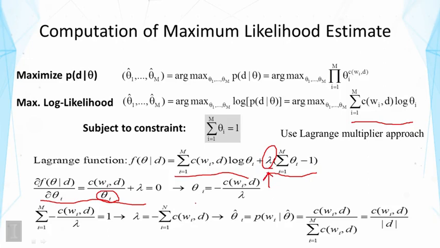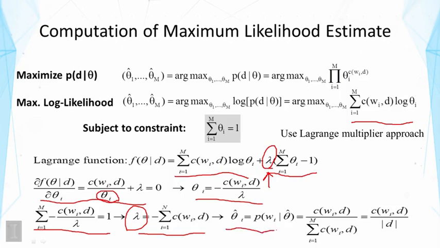And when we set it to 0, we can easily see theta sub i is related to lambda in this way. Since we know all the theta i's must sum to 1, we can plug this into this constraint here, and this would allow us to solve for lambda. And this is just a negative sum of all the counts.